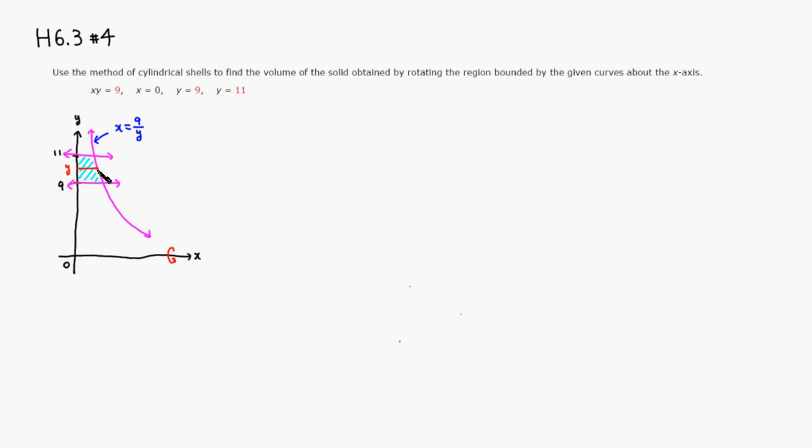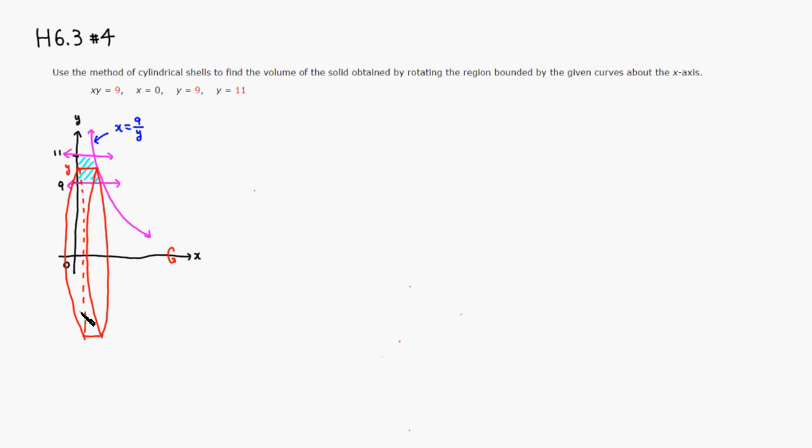The shell is going to look kind of like this, rotated about the x-axis. Then maybe this side that you can't see.